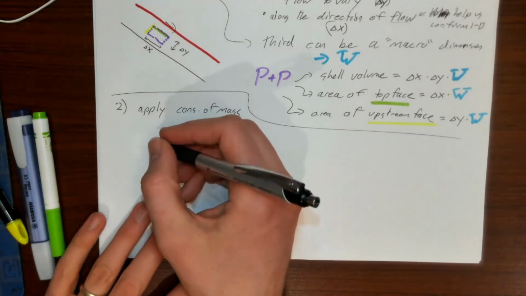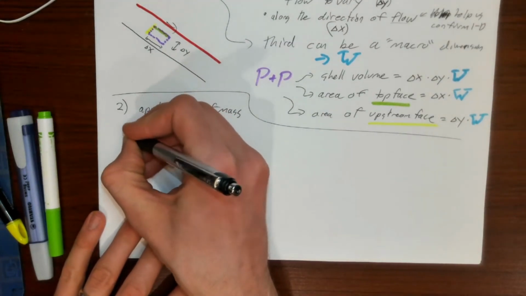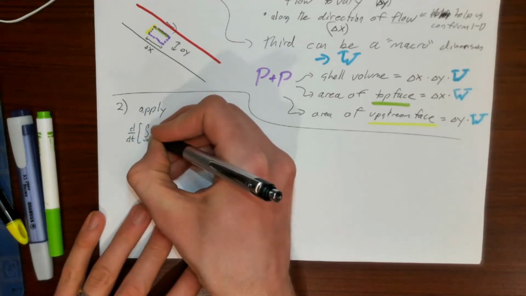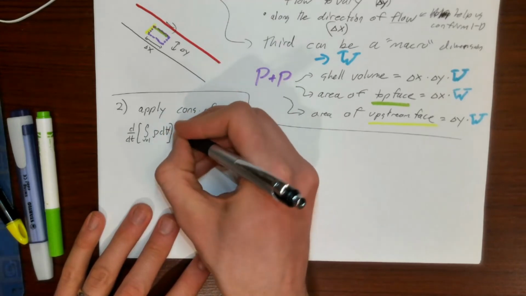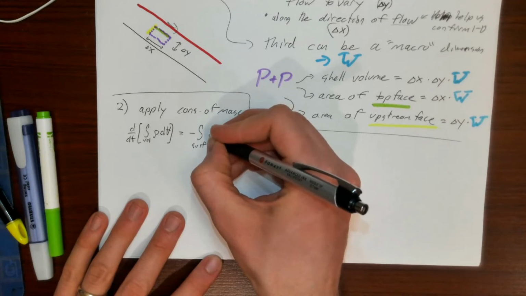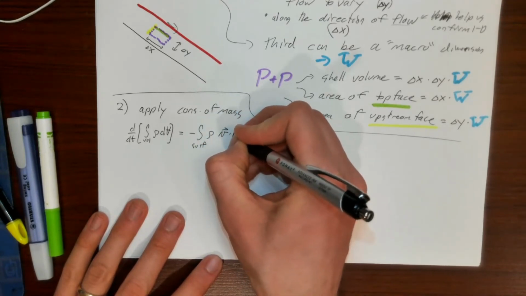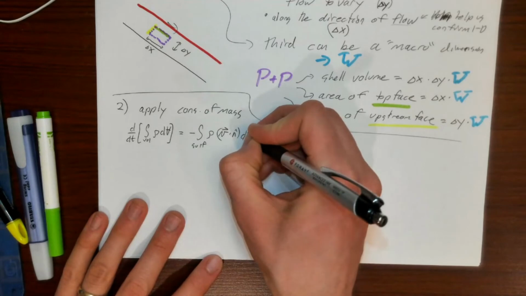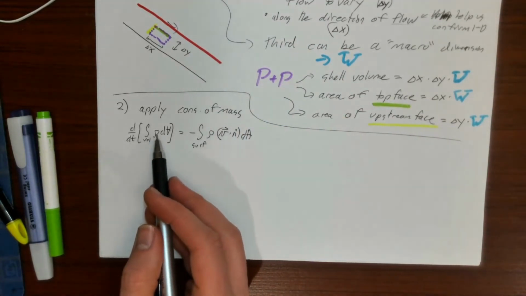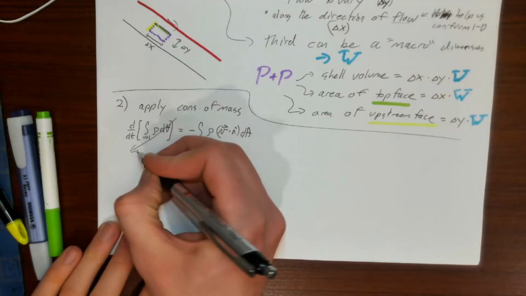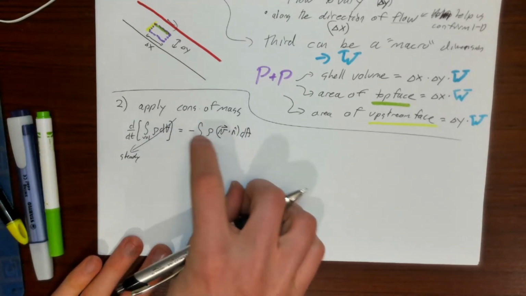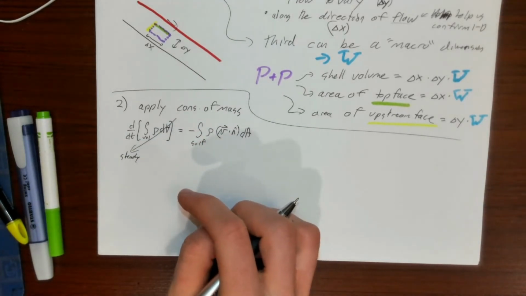If we apply conservation of mass, we have d/dt of an integral over the volume of rho dV equals minus an integral over the surface of rho v dot n dA. Looking at our left-hand side, this term can go away because we're in steady state. For the second term, let's number our surfaces.